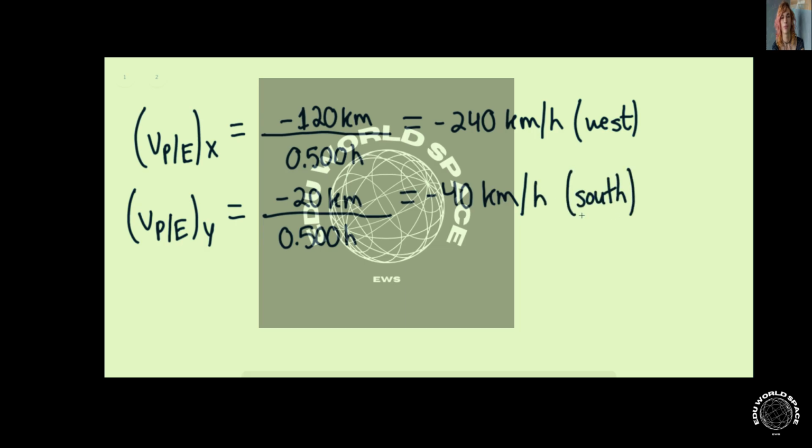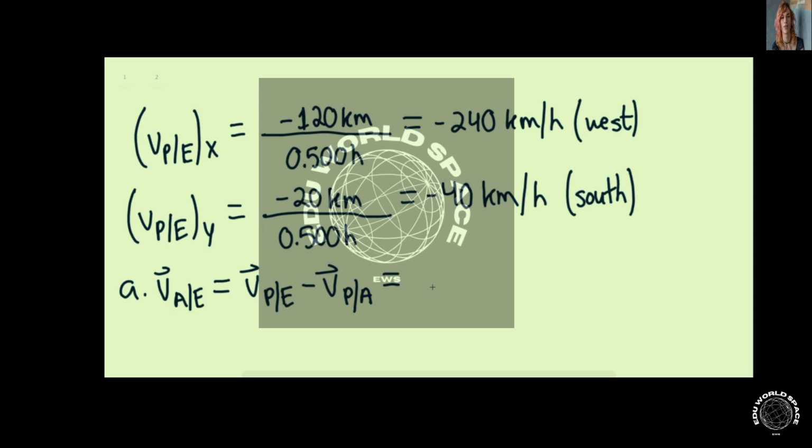So it's asking us for the wind velocity for part A. We can safely say that for part A, the velocity of the air relative to the Earth, or the wind velocity, would be equal to the velocity of the plane relative to the Earth minus the velocity of the plane relative to the air.